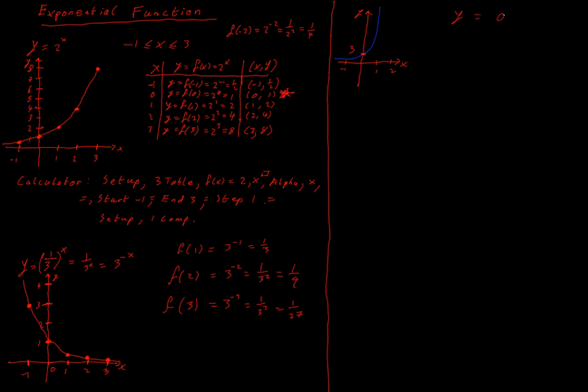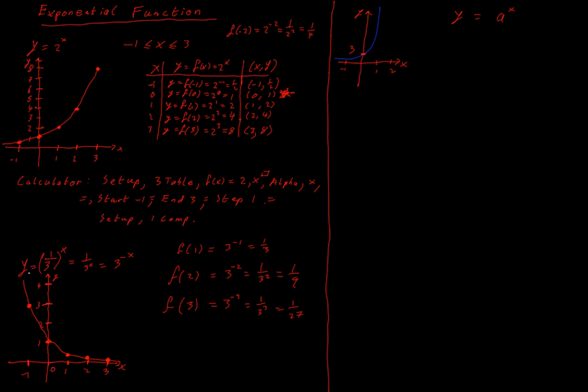Y is going to be equal to a to the power of x, where a is just some number. What do I know about a? Well, I know that a is greater than 1 because my line is going upward. When a number is less than 1, I would end up with my line going downward.